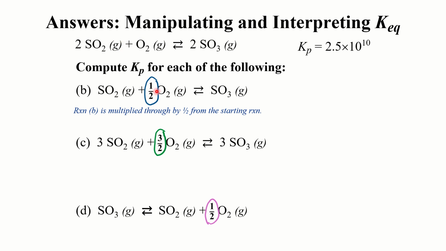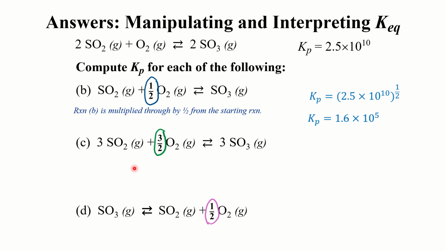So if the reaction's multiplied by 1/2, I need to take the Kp value and raise it to that exponent. So take that Kp value and raise it to an exponent of 1/2, and you get a Kp value of around 1.6 times 10 to the 5th.